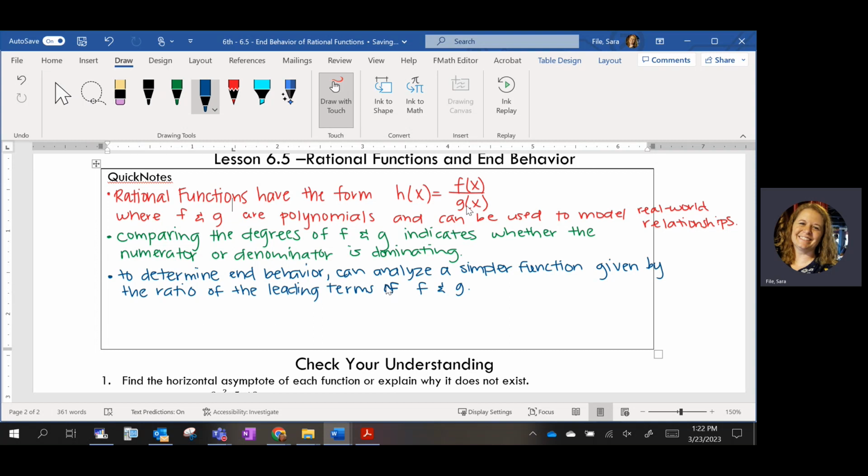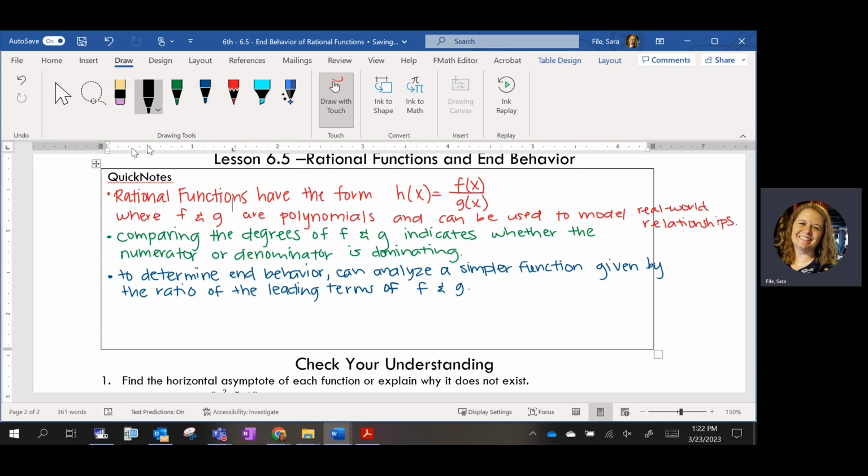Then we'll use what we're left with to determine, as we plug in a very, very large x, as x is approaching infinity, what's happening to the function. So we'll use what we talked about in the last section.